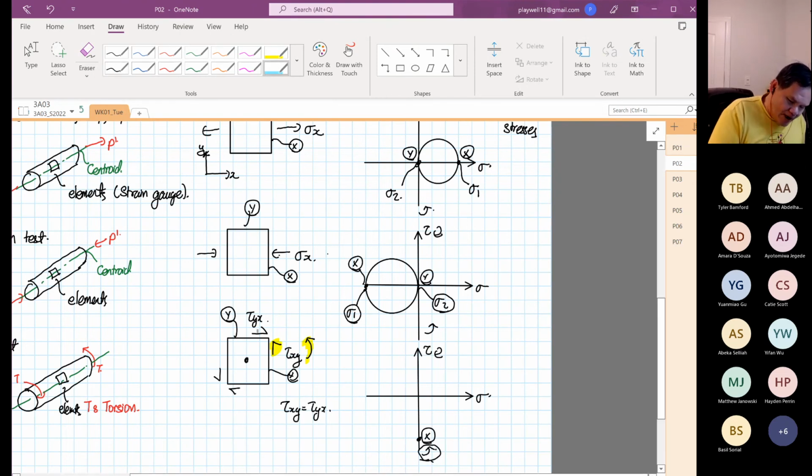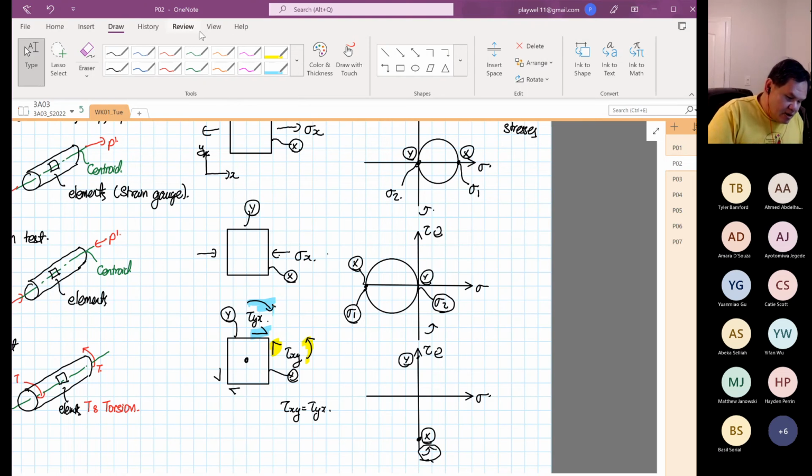And then on the blue highlight at point Y, it's going to generate a clockwise rotation. So this is your point blue, clockwise rotation. So over here, this is your point Y. And then from here, again, you can construct your Mohr's circle.